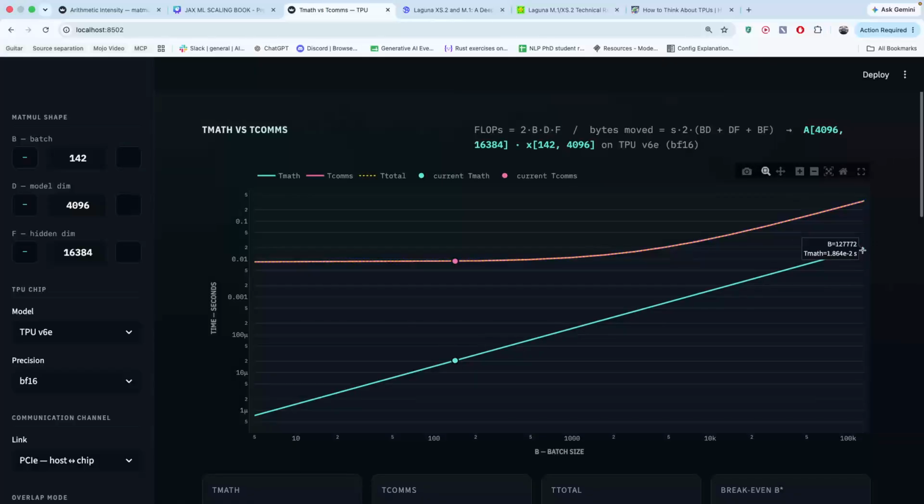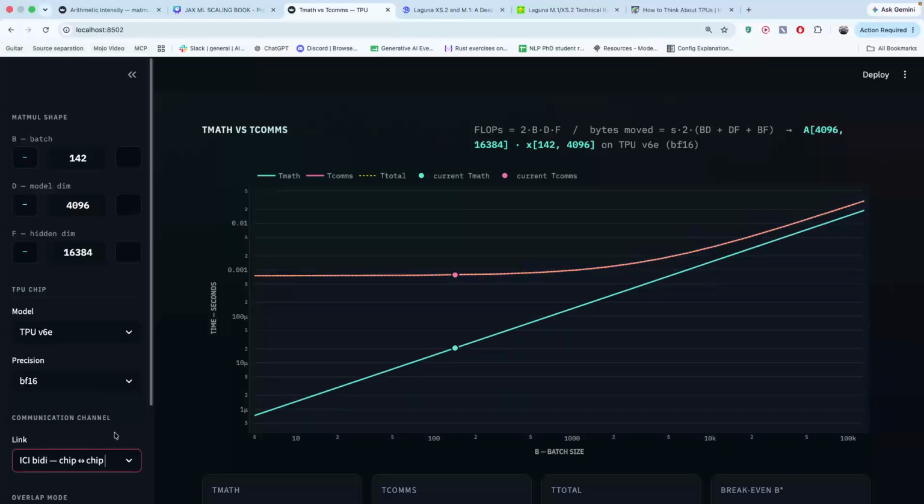Like at a batch size of around 120k, you have some closeness between communication and computation, but there is still a big gap between these two lines.